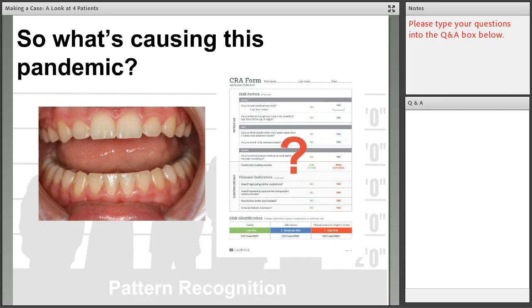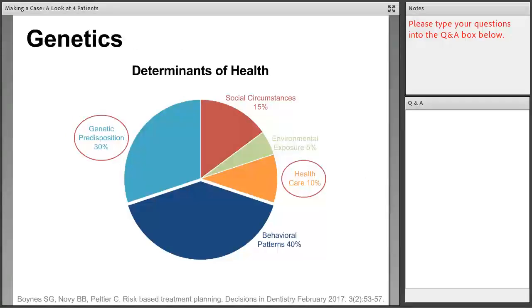But beyond that, we know that there's maybe as many as 50 genes that have been identified that play a role in dental caries. I don't have the ability right at the moment to look at your DNA and start identifying these on a patient, and so it's kind of a wild card. If you come up empty-handed on everything else and the patient has tooth decay, you got to assume that the genetics is playing a role, and we know that it plays a role about 30%.